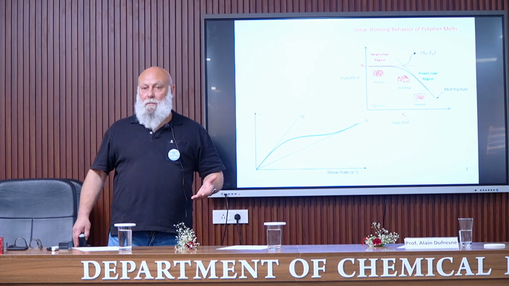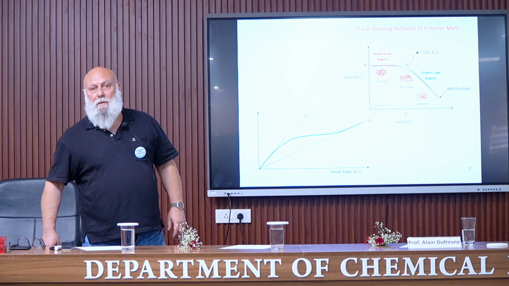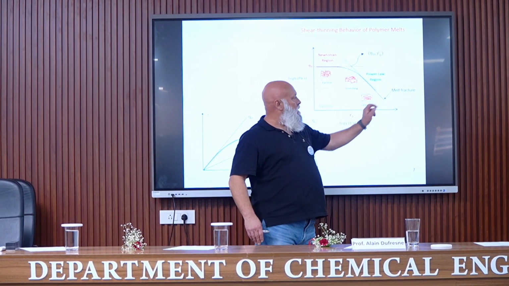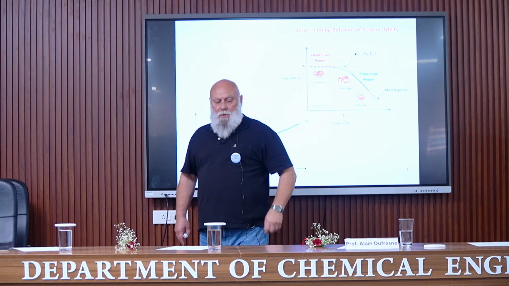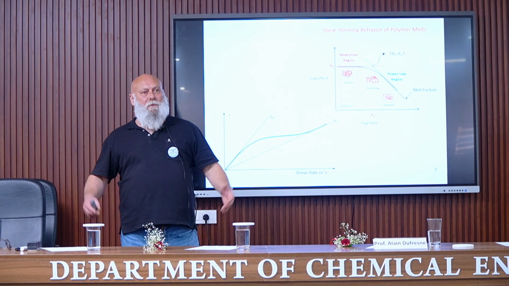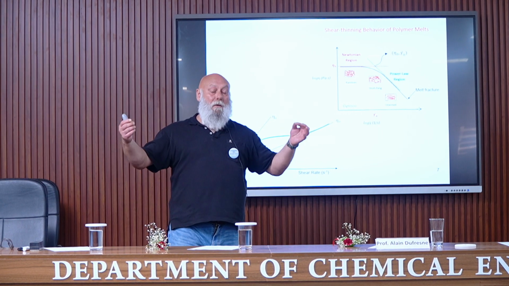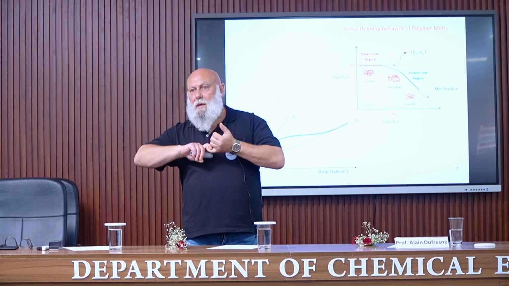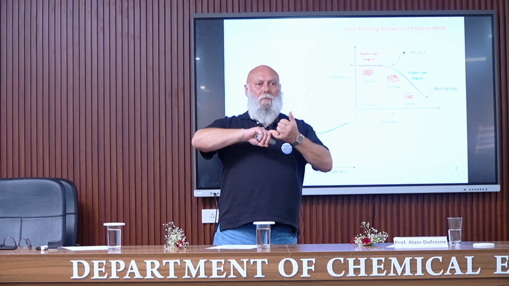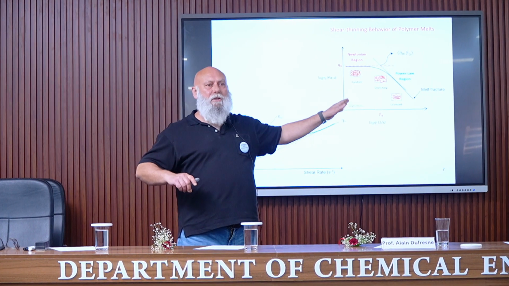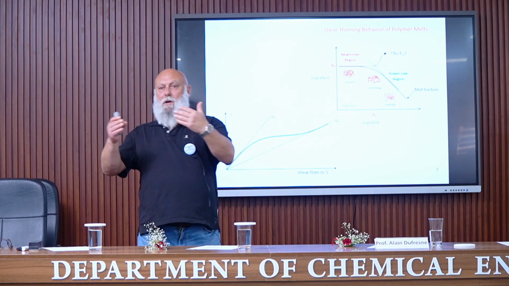The reason for this is that before that, we have a phenomenon which is called melt fracture. Because, of course, these macromolecules are very long, we have some entanglements, and when applying high shear rate, we can break the macromolecule. This is what is called melt fracture. And so we cannot reach this high shear rate, this second plateau, because of this phenomenon.